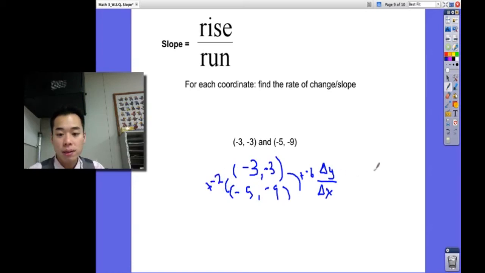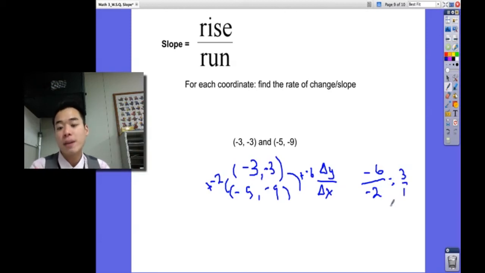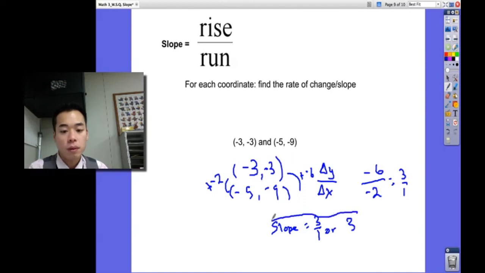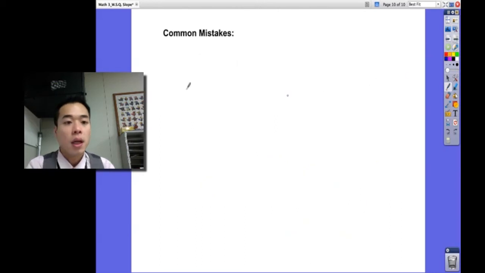So delta y over delta x is -6 over -2, and that reduces down to positive 3 over 1, because remember, a negative divided by a negative is a positive. So my slope is 3 over 1, or just 3.